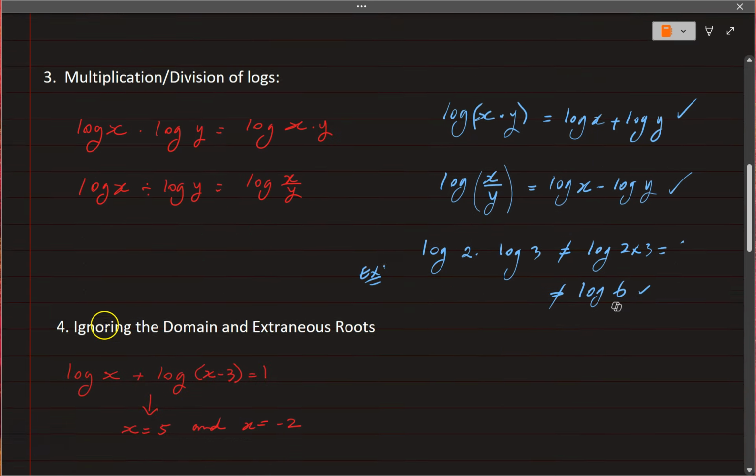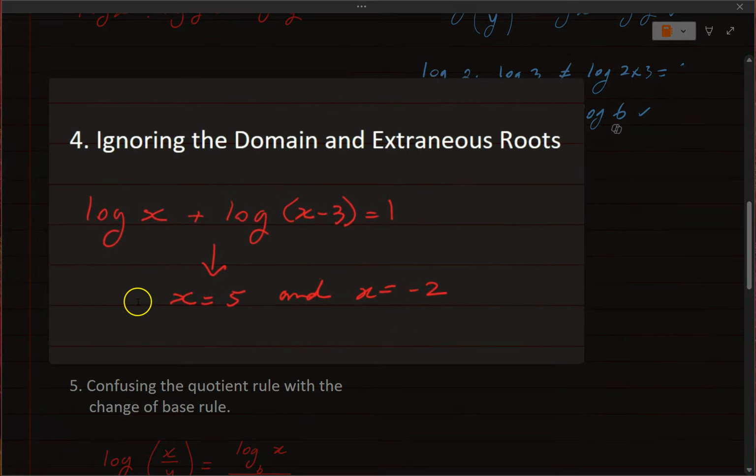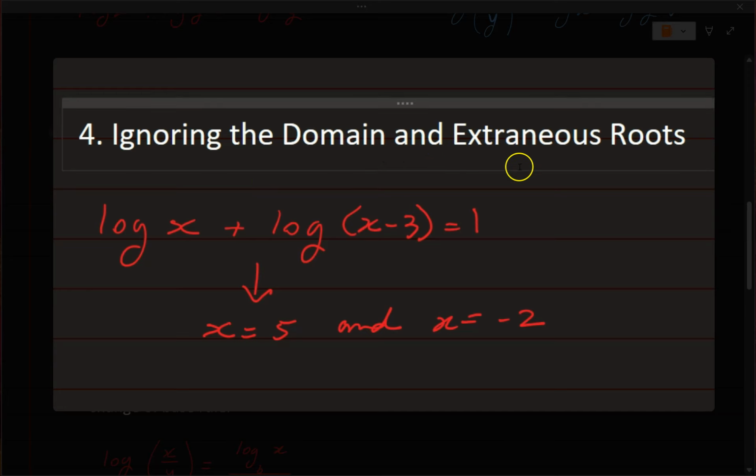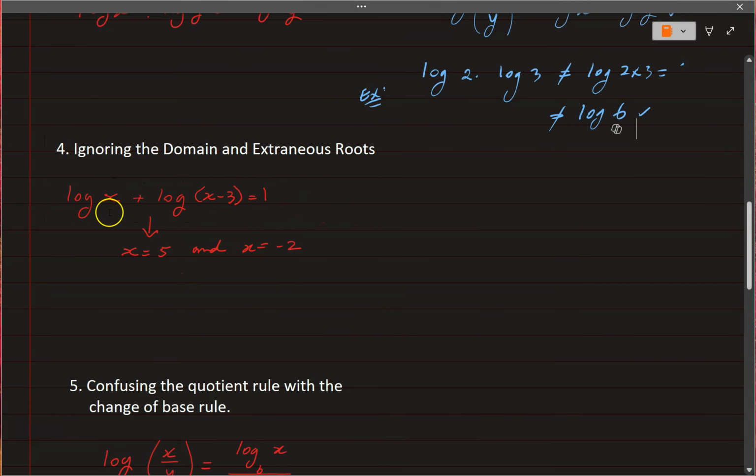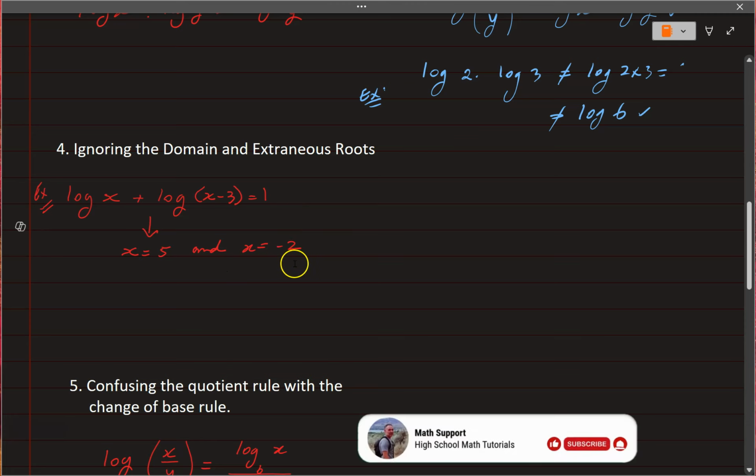All right, let's come up to number 4: ignoring the domain and extraneous roots when you solve logarithmic equations. Suppose we have this equation, I set it up here. This is another example. When you solve this equation, you will end up getting x equal to 5 and x equal to -2.